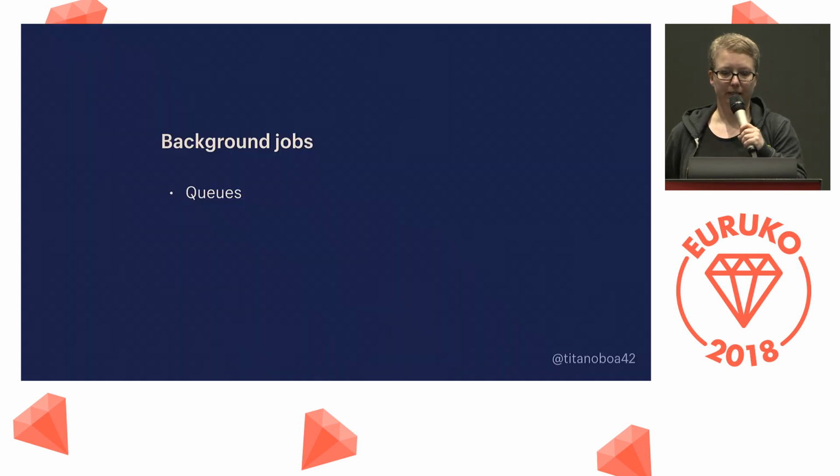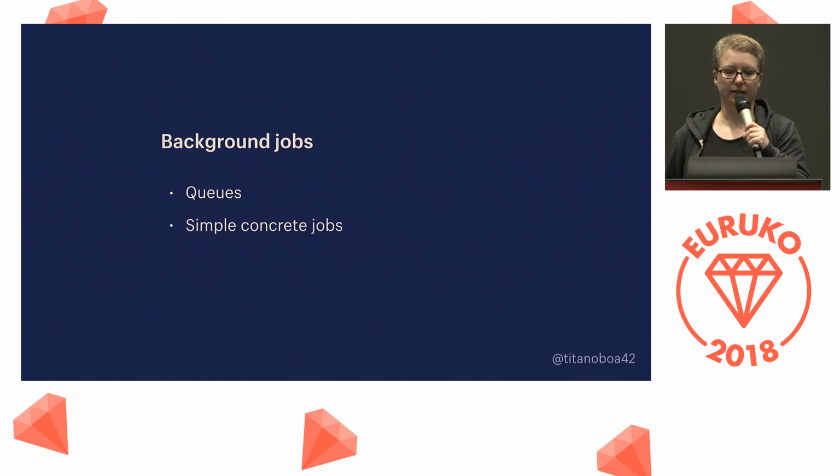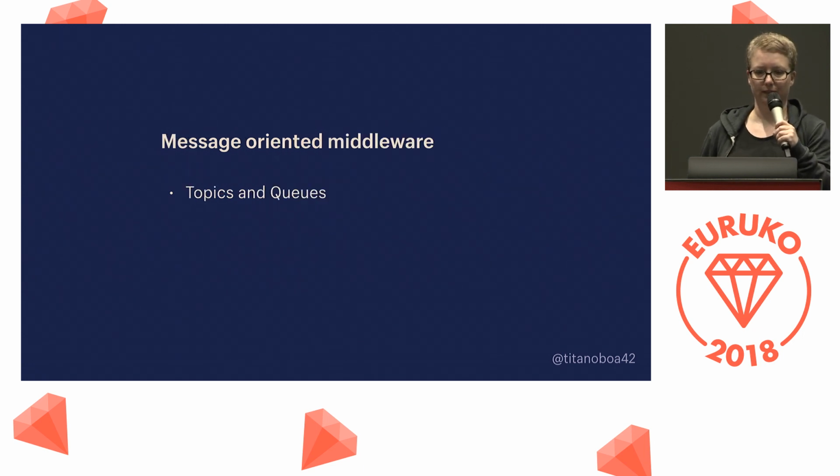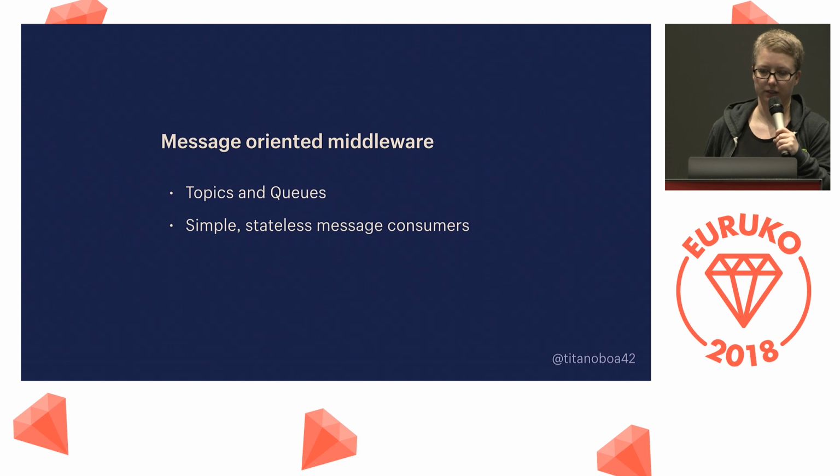To sum it up, background jobs are based on queues, and their abstraction allows us to write very simple, concrete job classes, and they're a great fit for monolithic architecture. Message-oriented middleware is based on topics and queues, and its abstraction allows us to write very simple message consumers, which is stateless as far as messages are concerned.